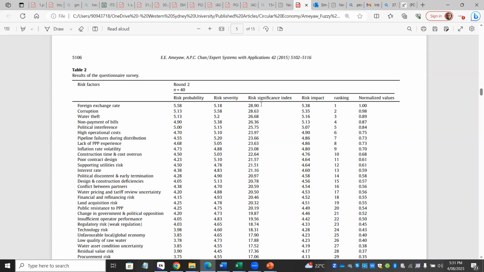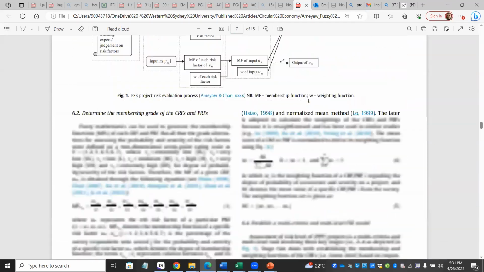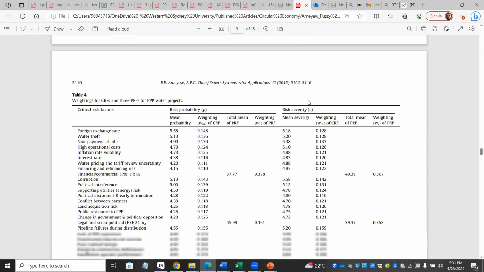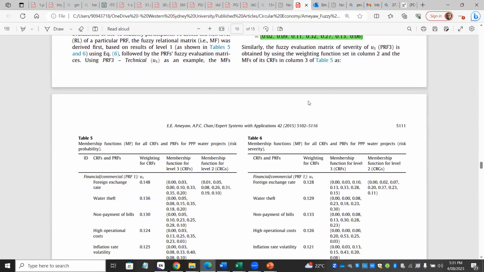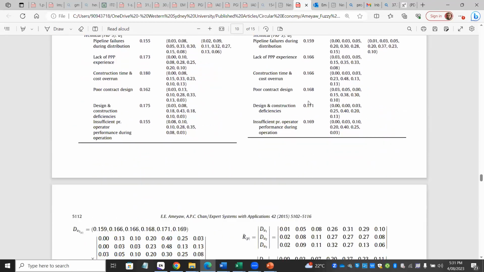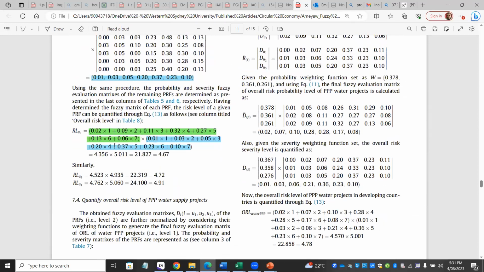Then when we got the risk significance index, we computed the square root to get the risk impact or the risk score. So the same thing is being done here. Okay, so let's do it. So this times this will give us 21.827.